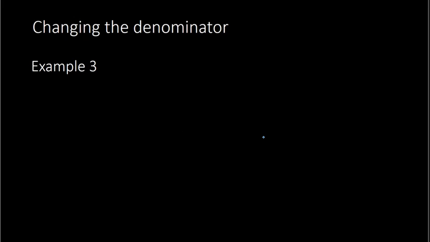Now example 3, we're going to increase the difficulty one more time, where we have 4 over x plus 2 equals something over x plus 2 times x minus 3. So here we're trying to figure out what is our numerator. Well, to determine that, we look at the denominators. So we ask ourselves, what are we multiplying x plus 2 by to get to this new denominator?